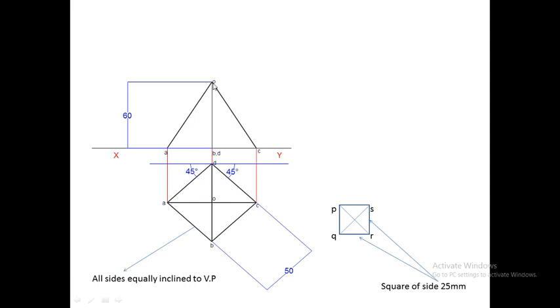So these lines, that is O2A, O2B, O2D, O2C, are nothing but the slant edges of the square pyramid in the front view. So we have got 4 slant edges in the top view and 4 slant edges in the front view.